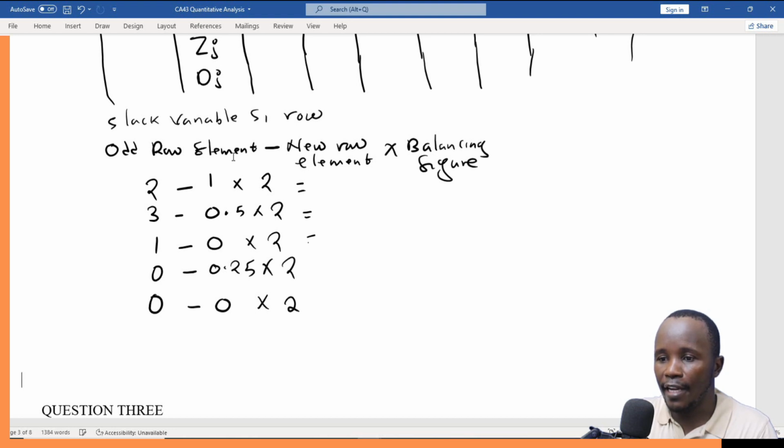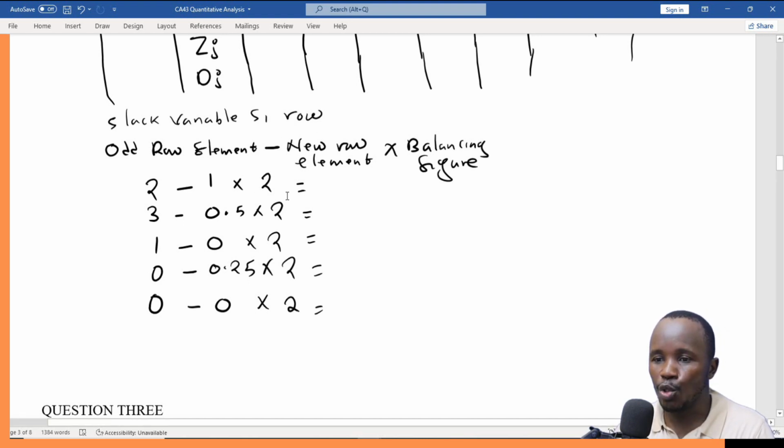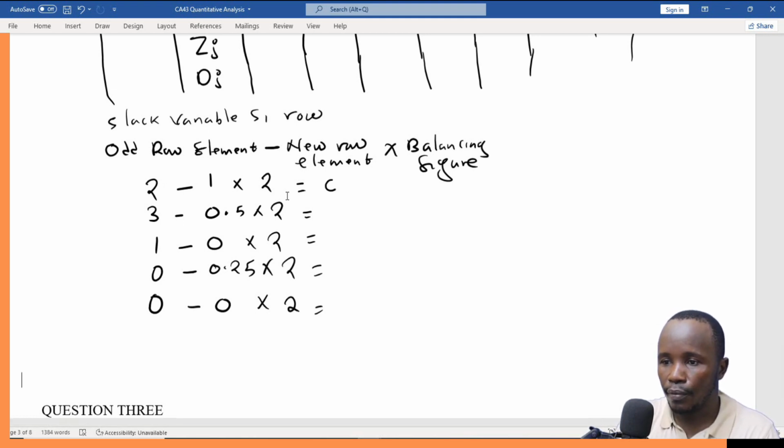Now, having identified this, we need to work out how we go about it. This is 2 minus 1 times 2. What is 2 minus 2? This is 0. Then 3 minus 0.5 times 2. What is 3 minus 1? 2. 1 minus 0 times 2 is 1. 0 minus 0.25 times 2. What is 0.25 times 2? Remember, this is negative here.